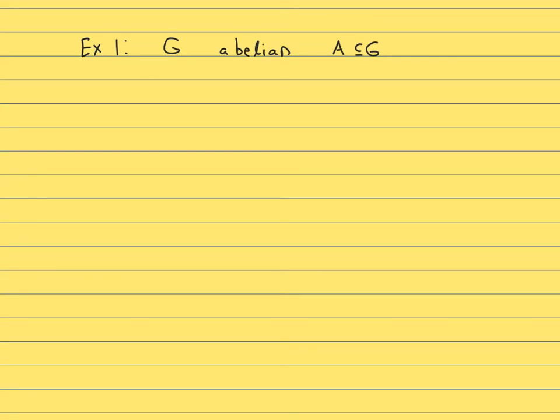Now let's take a look at some examples of centralizers and normalizers. First, let's assume we have an abelian group G, and let's let A be any subset. It's worth pointing out A should be non-empty. Well then, the centralizer is the set of all group elements that commute with every element in A. But, of course, since G is abelian, every group element commutes.